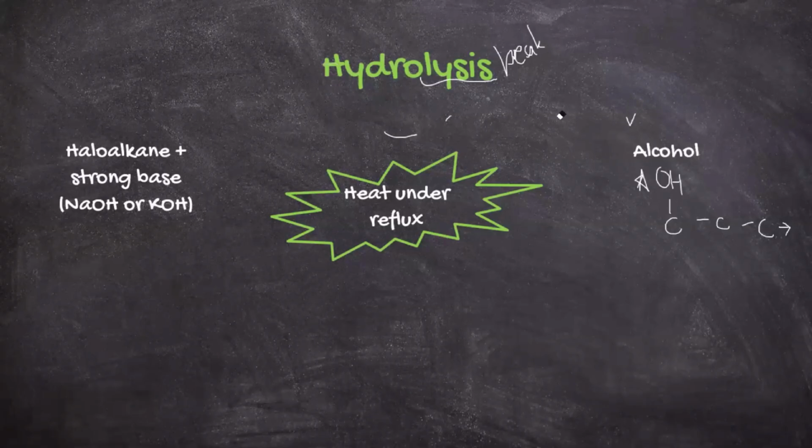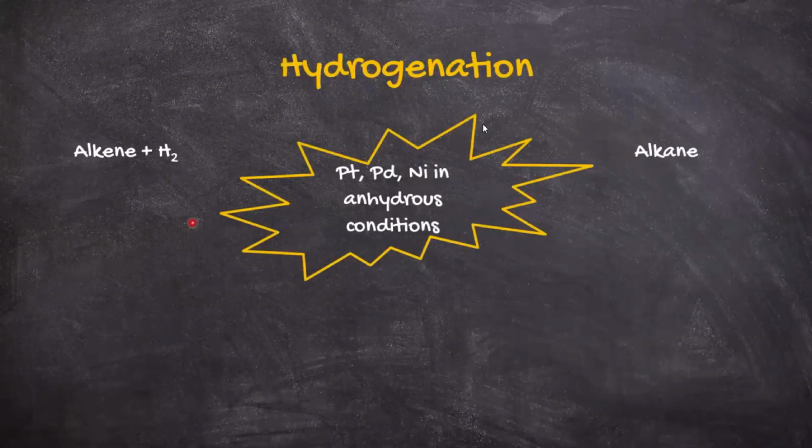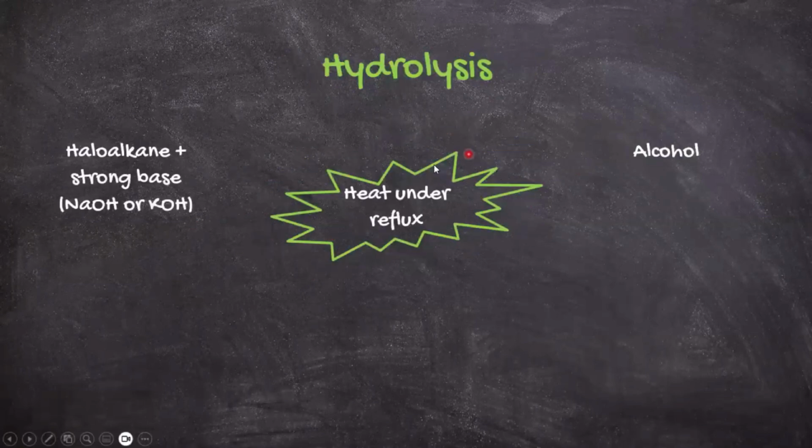You are going to add a strong base, so sodium hydroxide, this one, or potassium hydroxide. And you're going to heat it all under reflux so that nothing is escaping, and then it will give you an alcohol. And this alcohol that you are getting is coming from water.